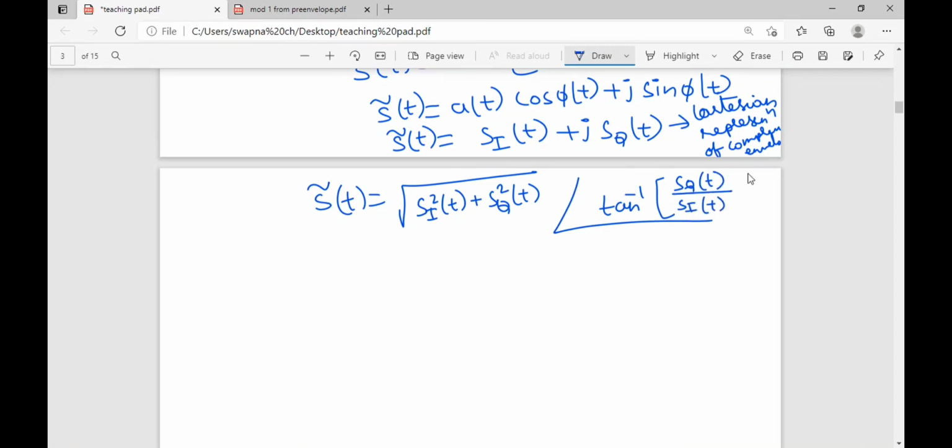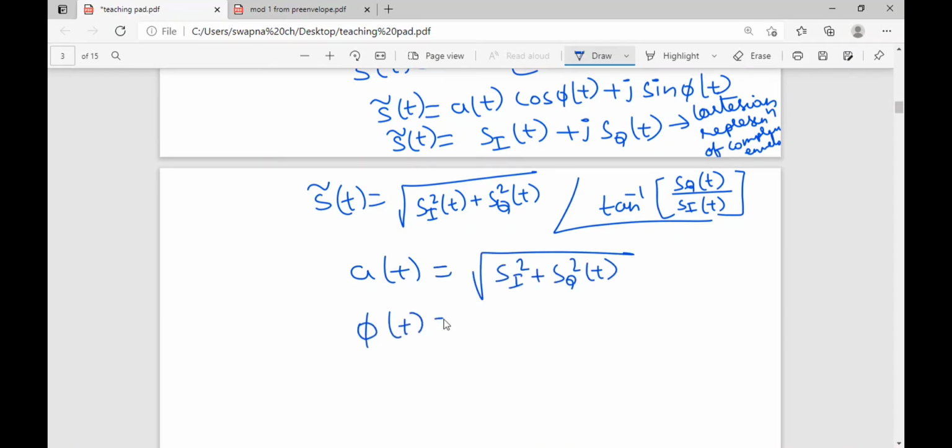This is the other way of representing the same equation in polar form. Here A of t is nothing but the root of Si square of t plus SQ square of t, and phi of t is nothing but tan inverse of SQ of t divided by Si of t. So this is said to be the polar representation of the complex envelope.